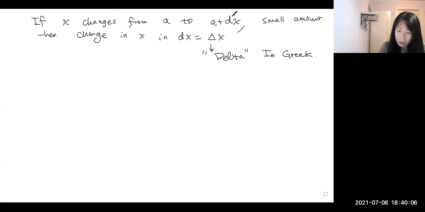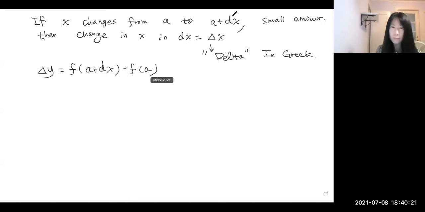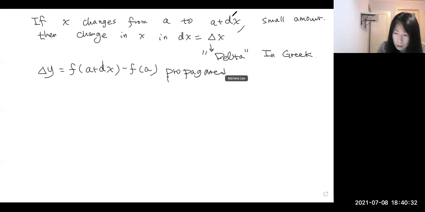So then they're using this formula, delta y, which is f of a plus dx minus f of a. Okay, so this is also an approximation. So propagated error.